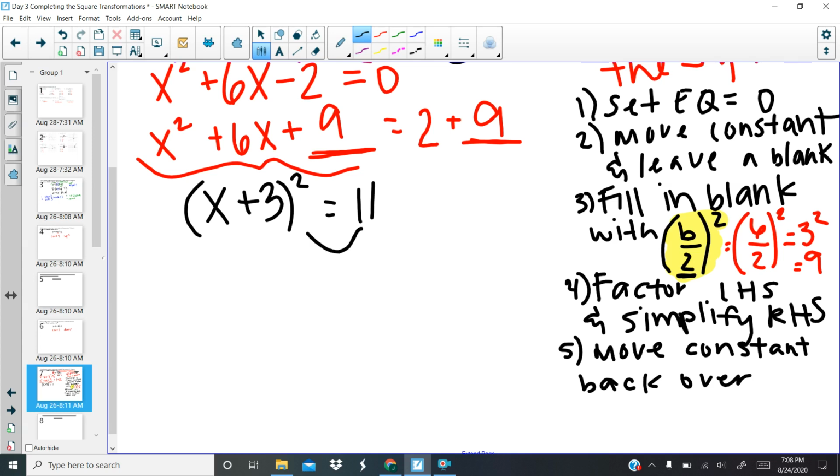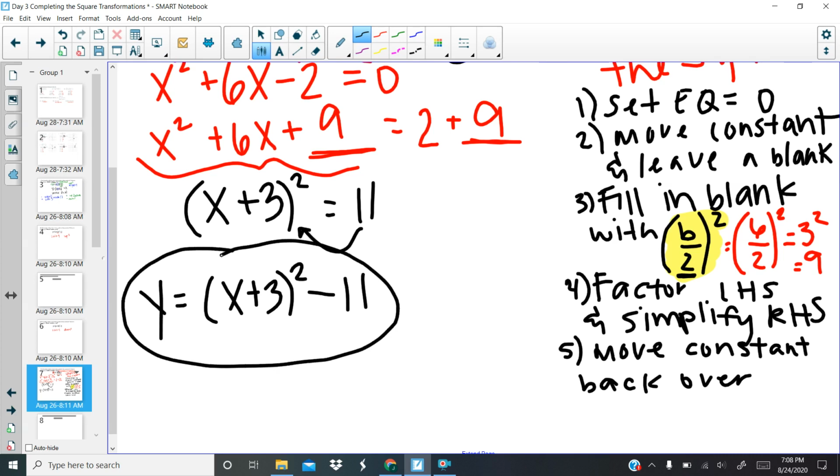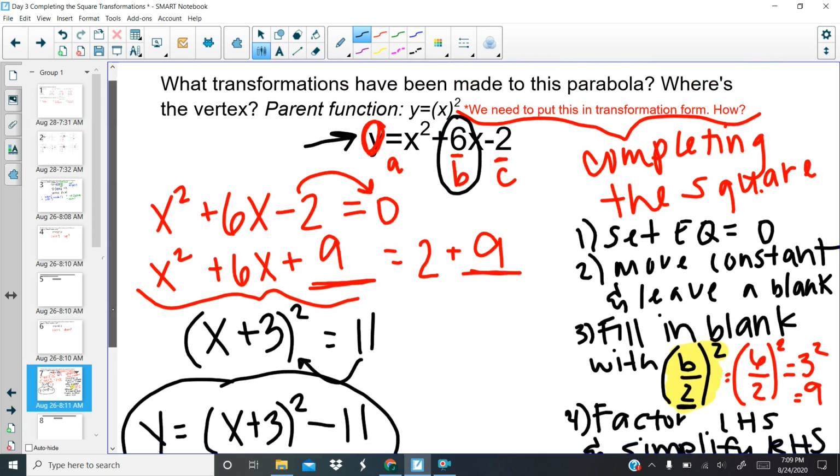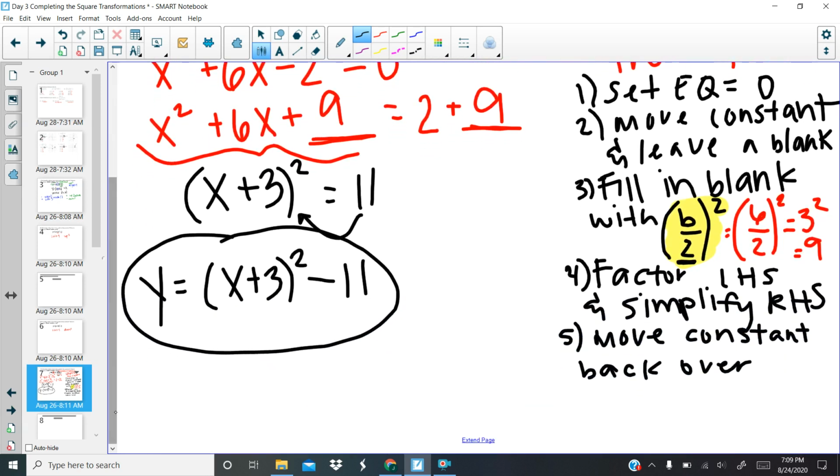And so whenever I move that back, I'm going to have x plus 3 squared minus 11. And then that's going to be that whole equation, and so I'm going to put it back as y equals. So essentially, this equation and this equation that we had up here at the top, that y equals x squared plus 6x minus 2, those two are going to graph the exact same thing.